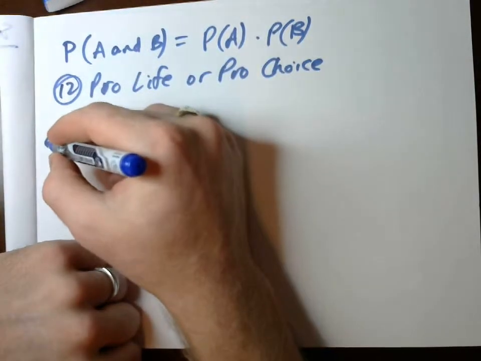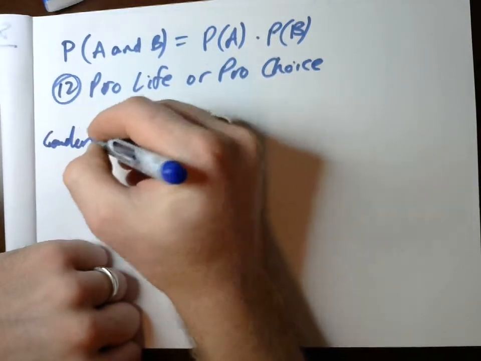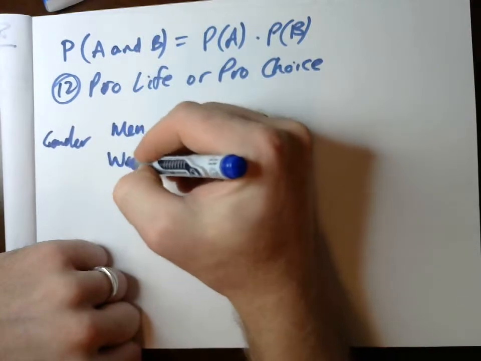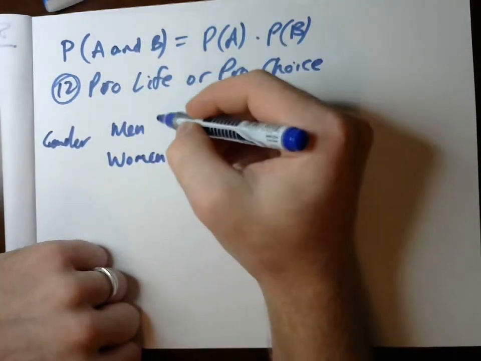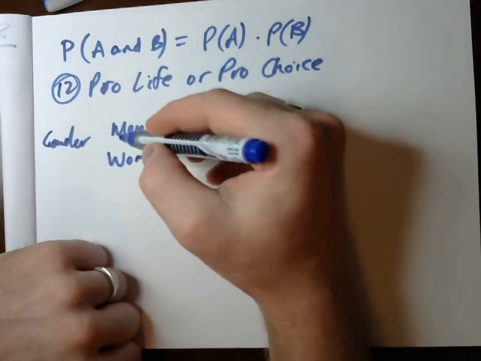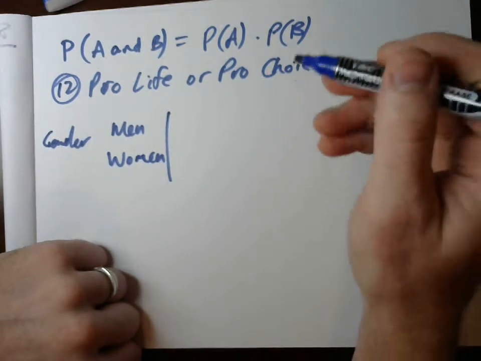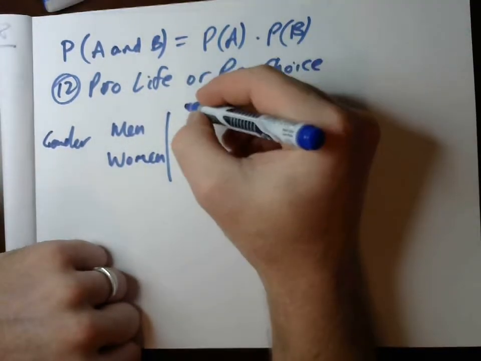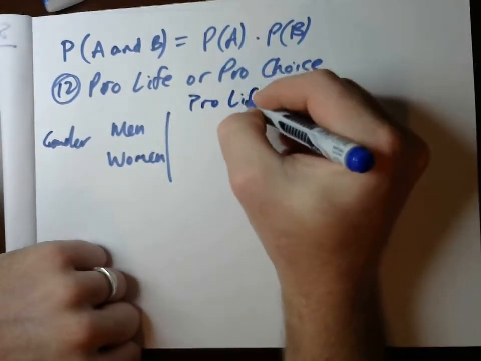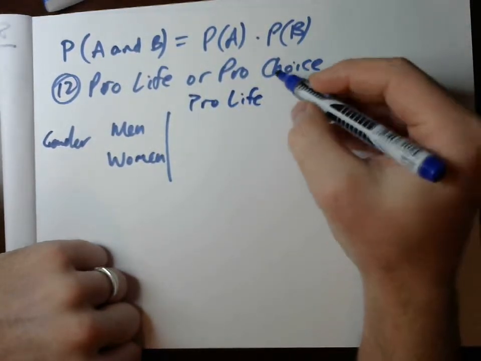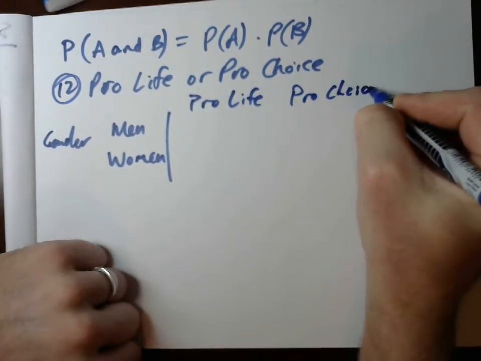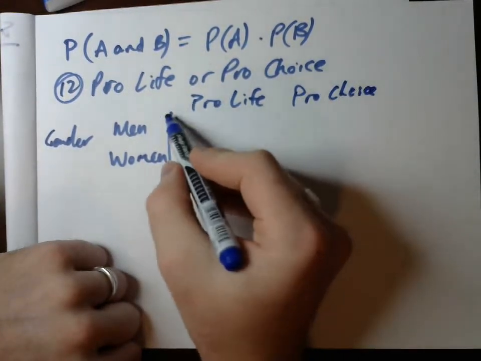There's gender, and so we have men and women. So it's categorical. The first variable is gender, and they could either be men or women. And then we have another categorical variable, pro-life or pro-choice. Either you're pro-life or pro-choice, so this is obviously categorical.